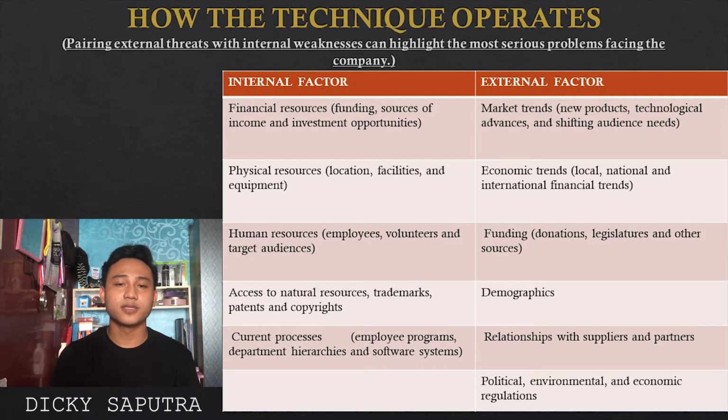Second, we have physical resources, for example location, facilities, and equipment. Third, we have human resources, for example employees, volunteers, and target audiences. Number 4, we have access to natural resources, trademarks, patents, and copyright. Number 5, current processes, for example employee programs and others.